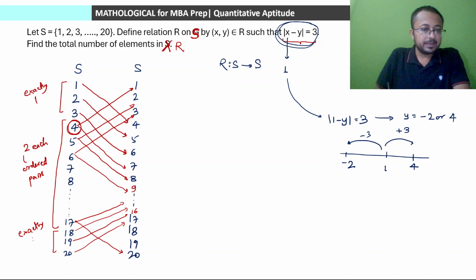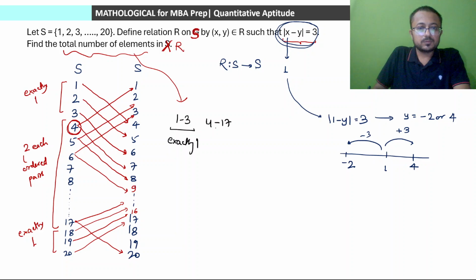They will be part of exactly one ordered pair. So how many elements will be there in total? Total number of elements? That will be from 1 to 3, exactly one ordered pair. So 1 to 3, exactly one. From 4 to 17, exactly 2 ordered pairs. And from 18 to 20, again exactly 1.